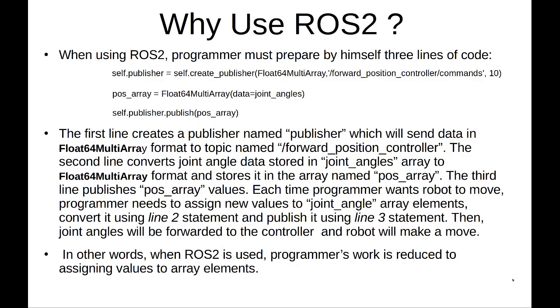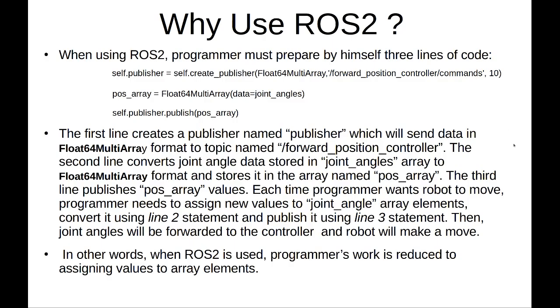Title of my presentation states that ROS2 is used for robot programming. So why use ROS2? When using ROS2, programmer must prepare by himself 3 lines of code. These lines are shown on the screen.